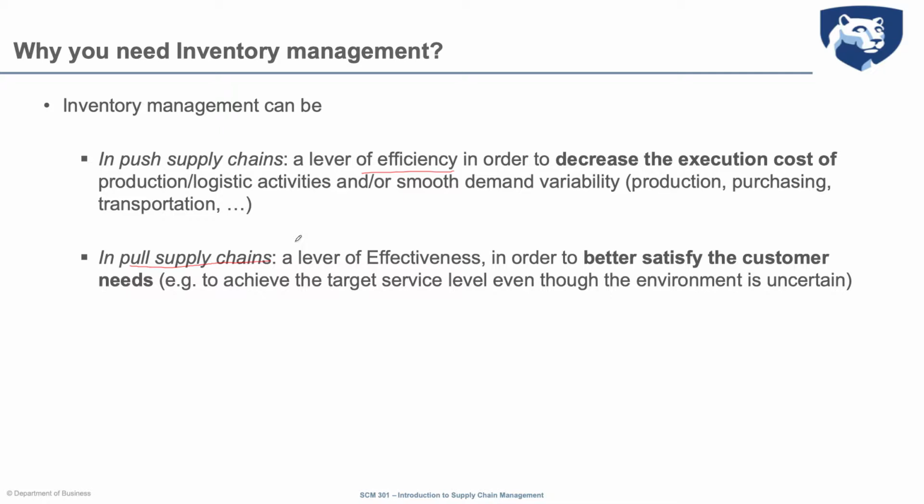So in this case, inventory management is dimensioned in a way that it needs to guarantee the supply chain a good level of responsiveness. So they dimension inventory not in an optimized way, like in push supply chain, in order to lower cost, but in a way that, let's say, we admit to have more cost, so more inventory available, without penalizing the customization and the tailorization that pull supply chain promises to the customer.